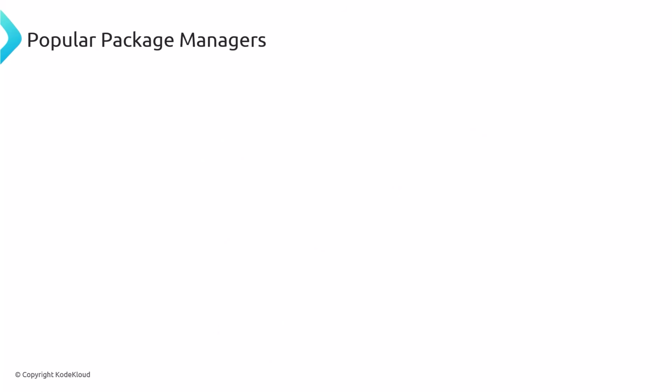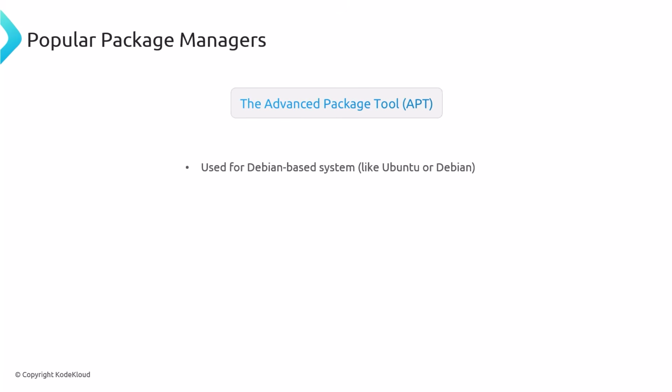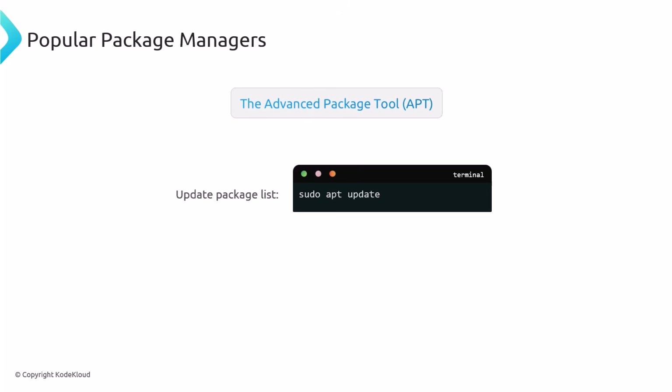Let's talk about some popular package managers that you might have come across. First up is APT, or Advanced Package Tool. This is the one we're going to use because we're using Ubuntu. Debian also uses this, and this is going to be our go-to package manager. It works with .deb packages and really simplifies the whole process of installing, updating, and removing software. For example, you could do sudo apt update to update your package list.